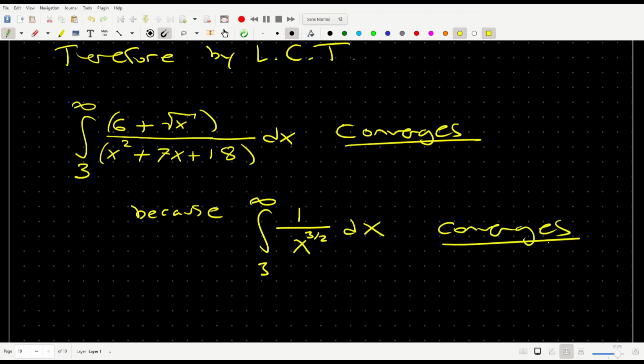Right? This is one of those nice comparison alpha integrals, 1 over x to the alpha integrals, that we talked about at the very beginning of the last lecture.